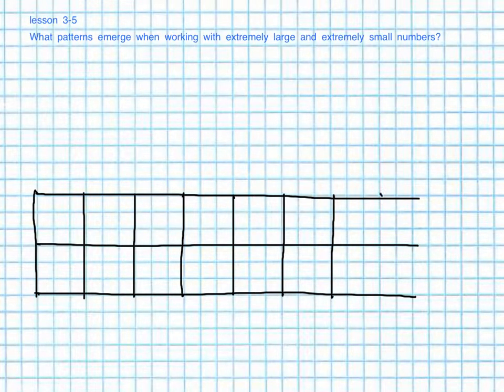You want 7 columns and 2 rows, so 14 squares altogether. Hopefully you're done with that. If not, pause and complete it, but we're going to move on here.